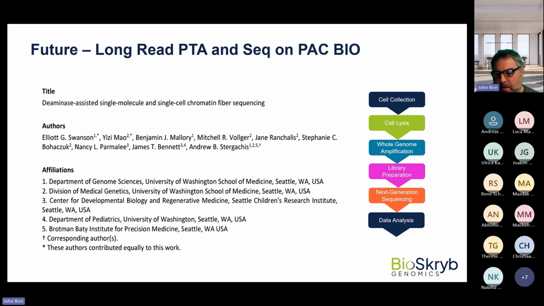People have done it with our standard PTA kits, but this is the ability to get even longer reads than that 1,200 base pair average that I talked about. It opens up the door for other applications as well. So this has been done and it's been published, and we know how to do it. It will be available shortly in our services group.